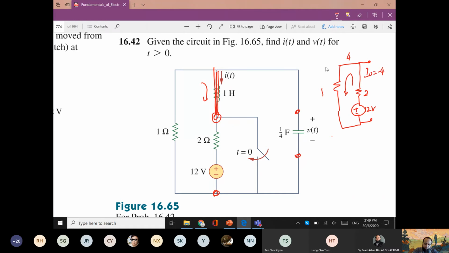Do you agree? I naught will be minus 4, and the voltage will be equal to this voltage. This current is 4, and 4 times 1, so V naught is 4 volts.